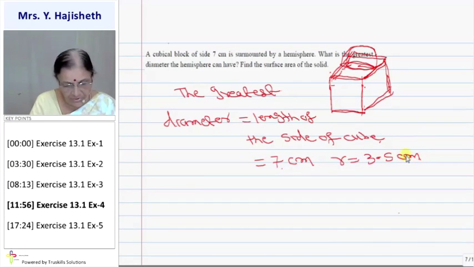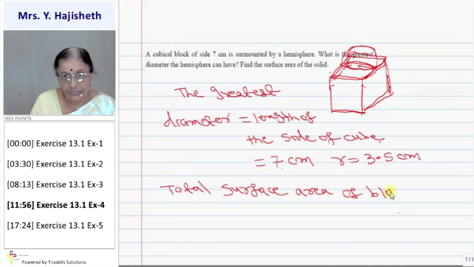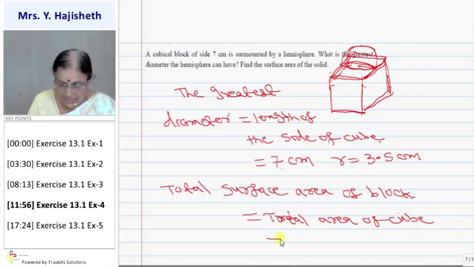Okay? Now what is the total surface area? Total surface area of the block is nothing but total area of the cube, minus the area of the base of the hemisphere, okay?